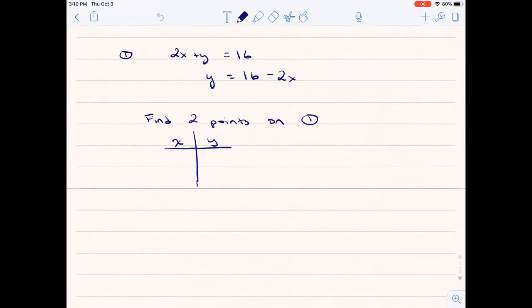And so, of course, an easy value of x is 0. So I usually pick that. If x is 0, in this case, y is 16 minus 2x. So we get 16 minus 2 times 0, which is just going to be 16.